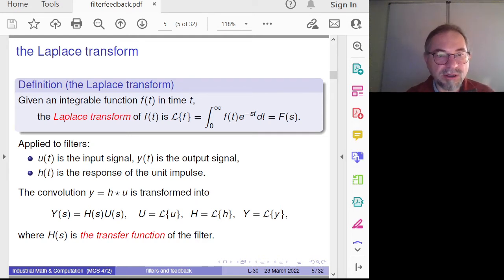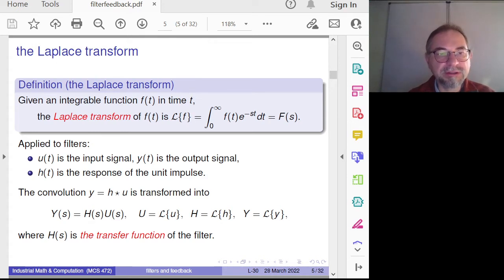Okay, so that means that what we have encountered earlier, the convolution product, then corresponds to the ordinary multiplication of the Laplace transforms.